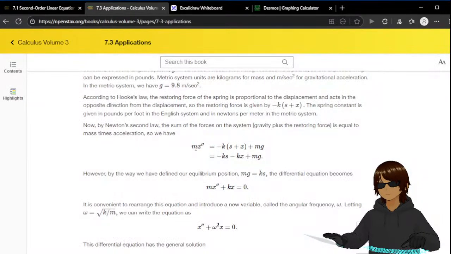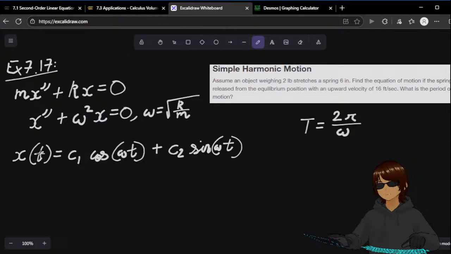So this is one equation. Another equation is this other one, right? The mass times acceleration is equal to minus k s minus k x plus mg.